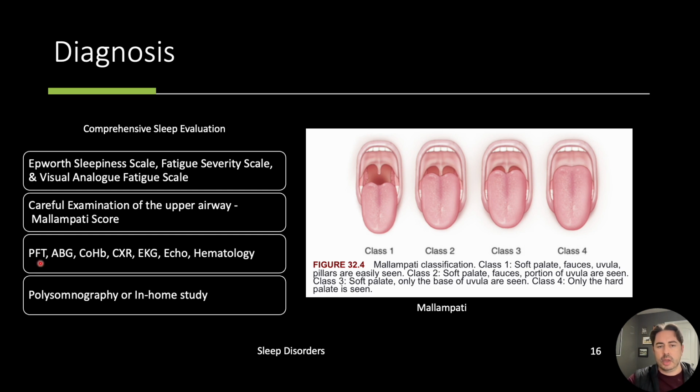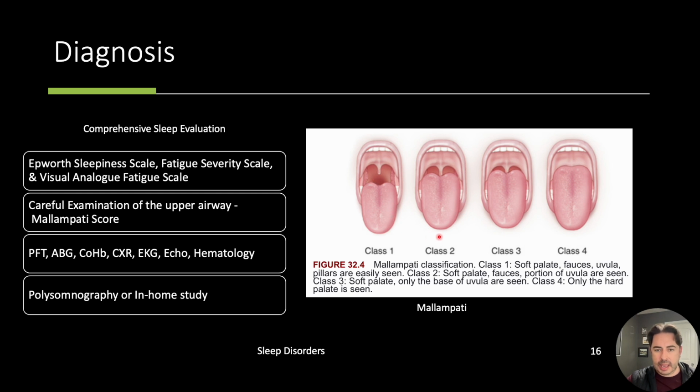All of these are part of what we're looking for and assessing in our patients when we have them do this. There's a class 0 to class 4, or the book that I used as a reference has classes 1 to 4, but a class 0 is any part of the epiglottis is visible. With class 1, the soft palate and uvula are all easily seen, so we get a good visual of what's going on in that posterior pharynx.